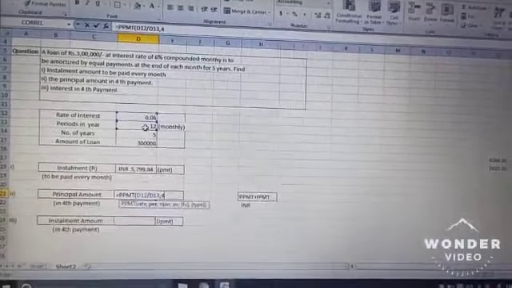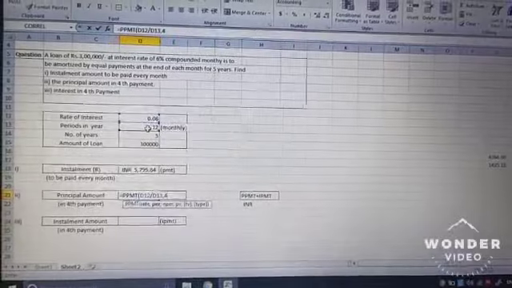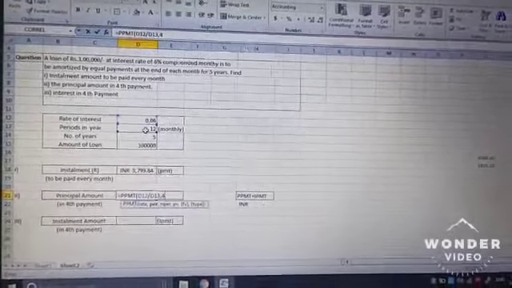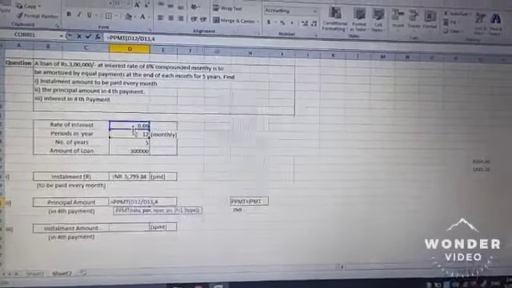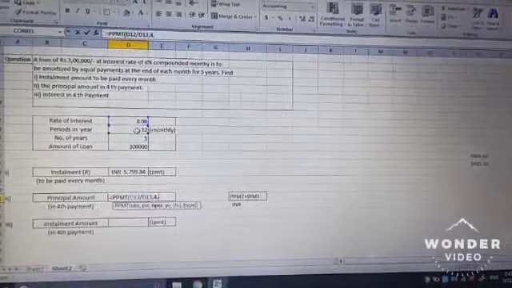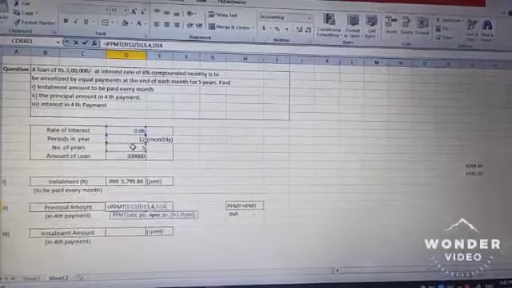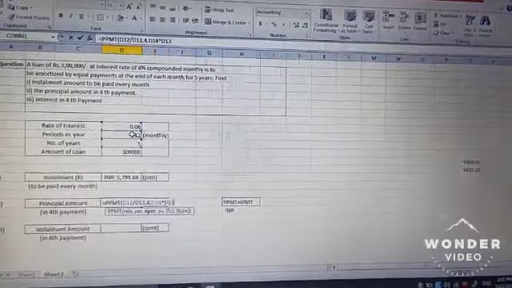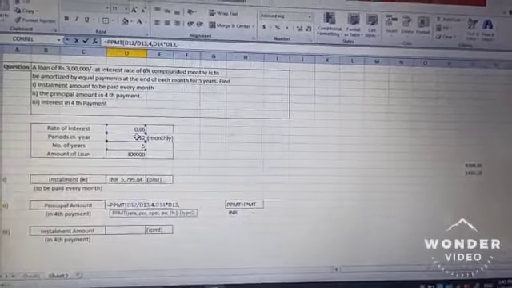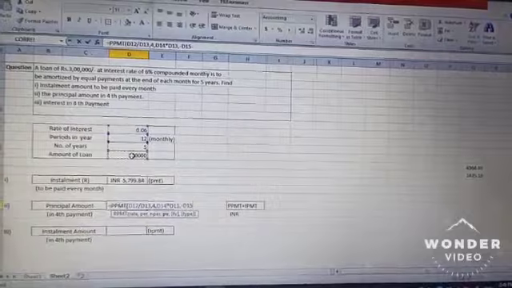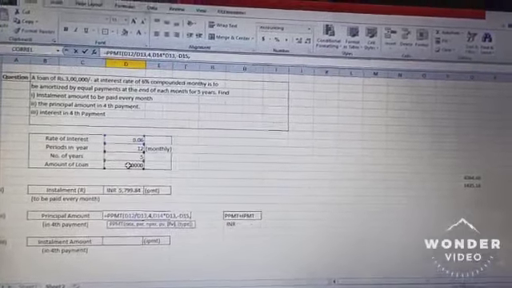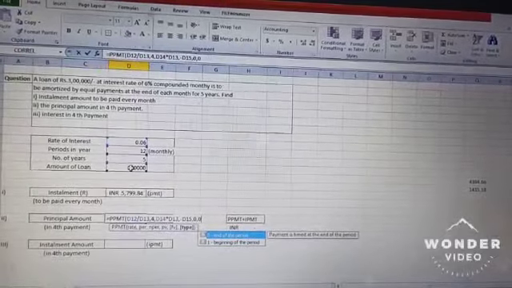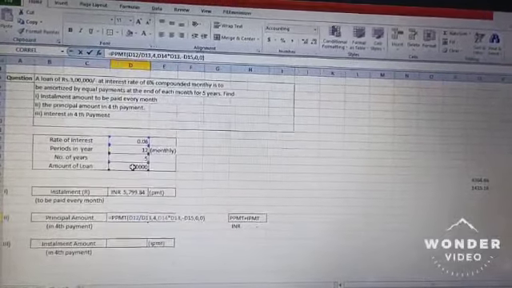If we were calculating it for the 12th payment, we would have written 12 here, for the 50th payment, 50. So this is the fourth payment, so we write 4, comma, number of periods, 5 years into 12, comma, minus amount of loan 3 lakh, again 0, comma, 0. Close the brackets, press enter.